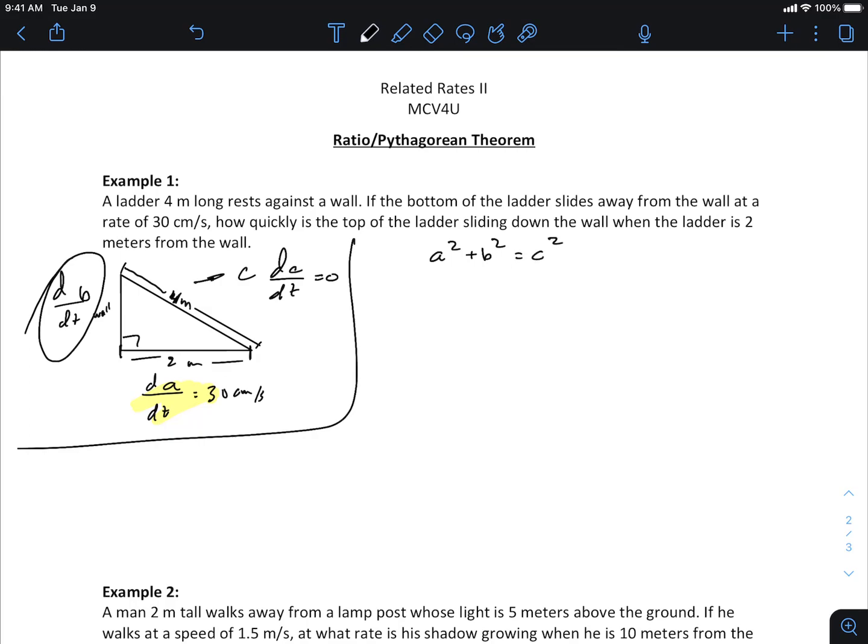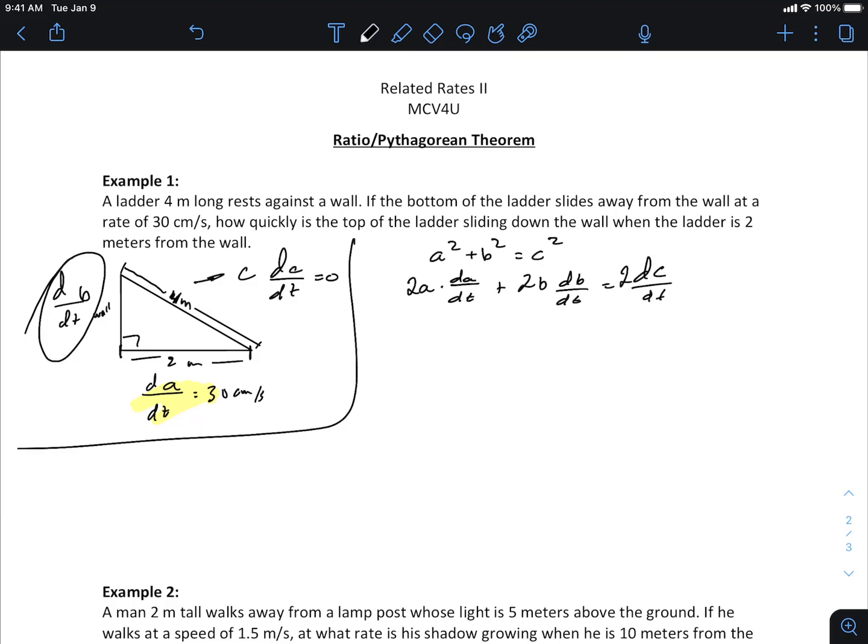If I were to implicitly differentiate this, I would see 2a, and remember with chain rule we have to write dA by dt, plus 2b dB by dt has to equal 2c dC by dt.